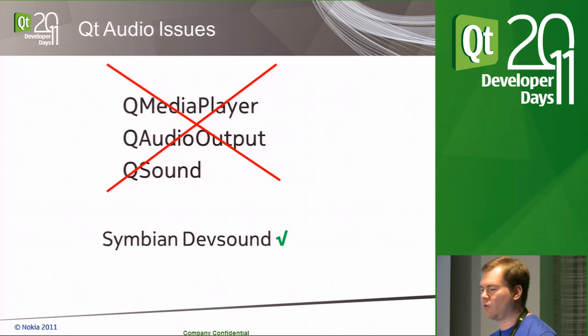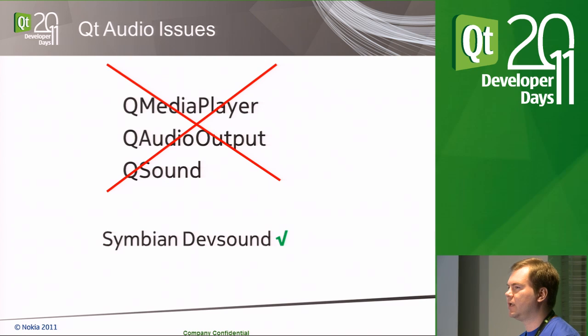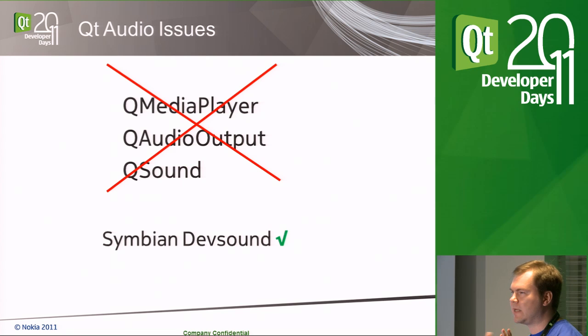The second problem with the Qt audio output is that the default volume is quite low, and there's no API in Qt to change that. So that's also challenging. And there are similar issues with Qt sound. For example, if you want to play back a short looping sound and you increase the loop count to infinity, between these loop sequences there will be 150 milliseconds of silence or something like that, so the looping is not working.